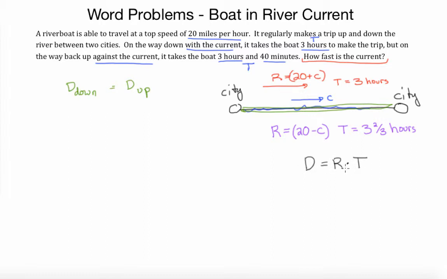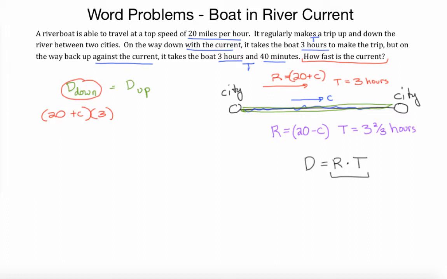The distance I travel is equal to my rate of speed, how fast I'm going, times how long I'm going. So in this problem, let's substitute rate times time for each of my distances. On the way down, my rate is 20 plus C, and he goes for 3 hours.